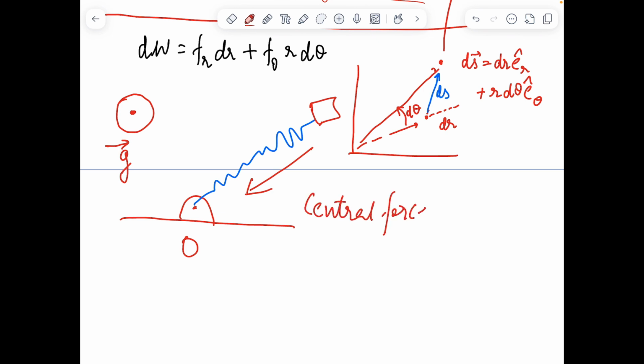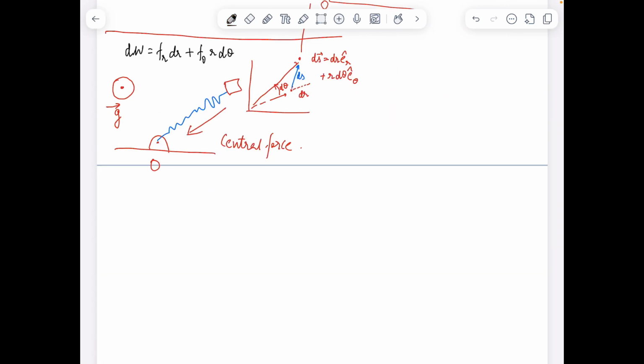Okay, so we would have the spring force in this case as K times (R minus R naught). The initial position is R naught, and we would have minus e_r cap because it's pointing towards the origin. So this will be minus K (R minus R naught).